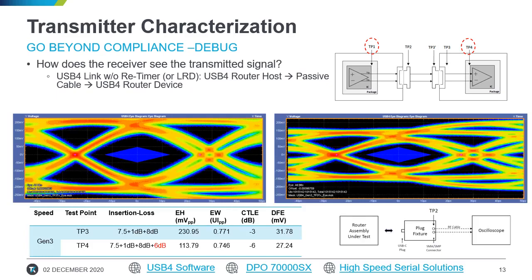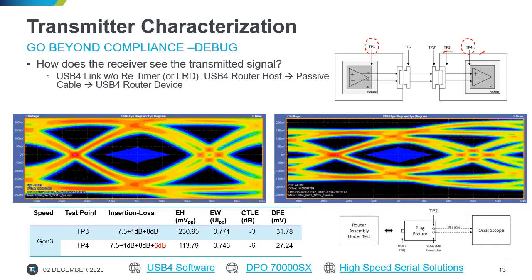As USB4 compliance testing is performed at the TP3 point, not at TP4, you still have to go beyond compliance and find whether the product is going to survive drop testing or scenarios like when there are no retimers available in the link.